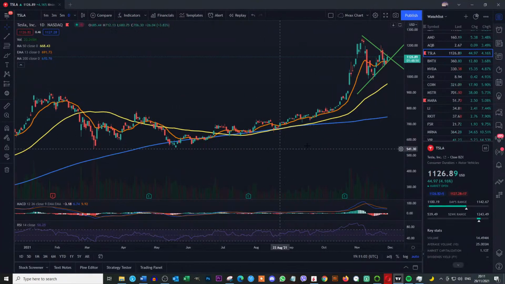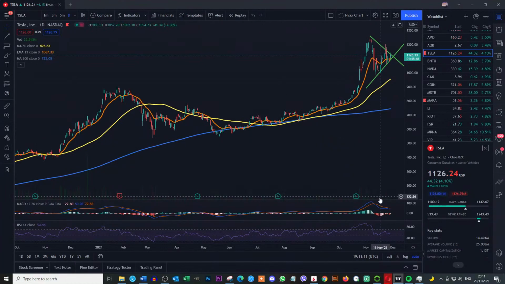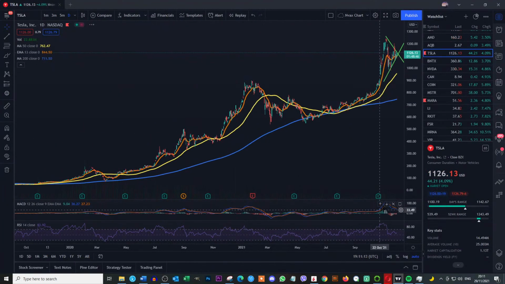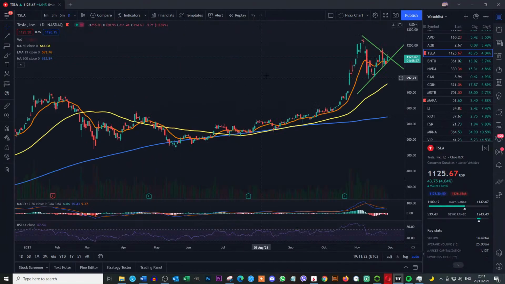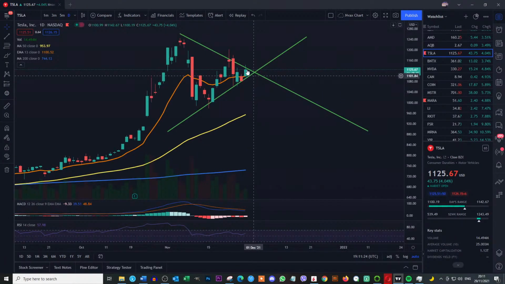almost moving sideways the whole year, and we had this 200-day moving average as our line. And here you can see here was a big move, almost the same as here. And you could probably say that if something bigger is going to happen in the market, we will probably see Tesla.